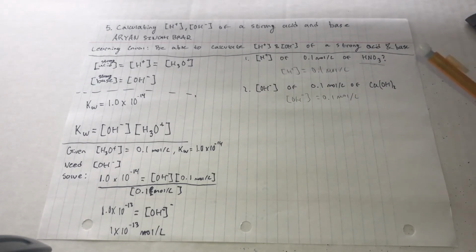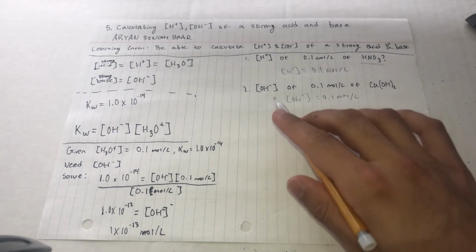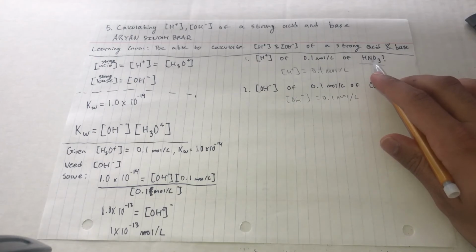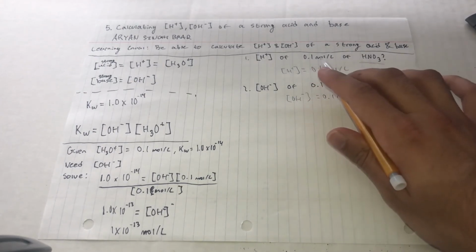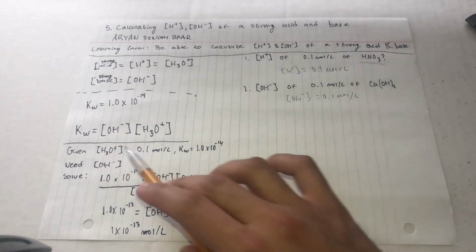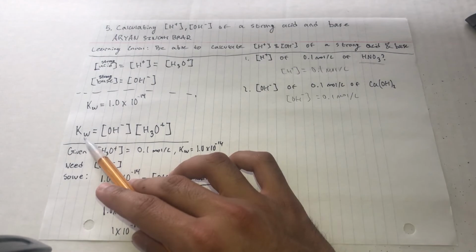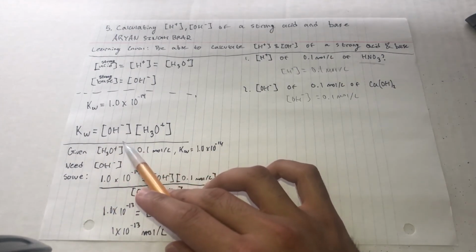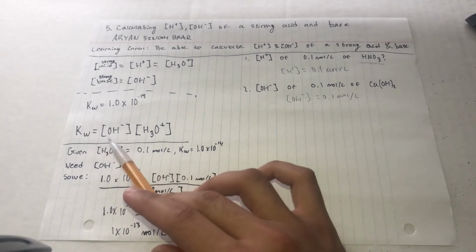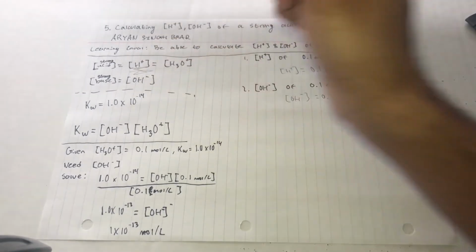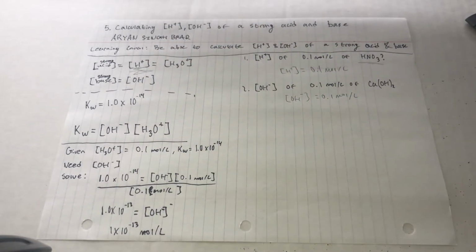And if you wanted to find out the opposite, so let's say the question was asking you the hydroxide concentration of a strong acid like nitric acid, and you knew nitric acid's concentration, then you could just put it in this equation and solve. This equation right here has the ion product constant Kw equal to the concentration of hydroxide times the concentration of hydronium, or in other words, the concentration of the H plus ion.